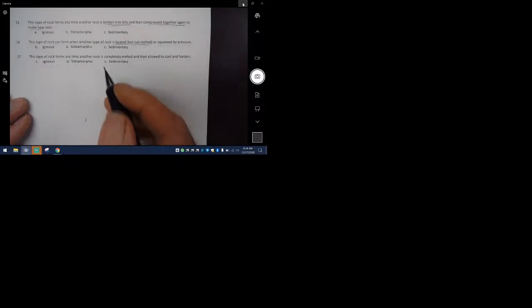So this first one, the one that's broken into bits and compressed together, is that igneous, metamorphic, or sedimentary? Alyssa? C. So now the second one, the one that's just squeezed or heated or both but not melted, what's that? Anyone? Megan? Metamorphic.